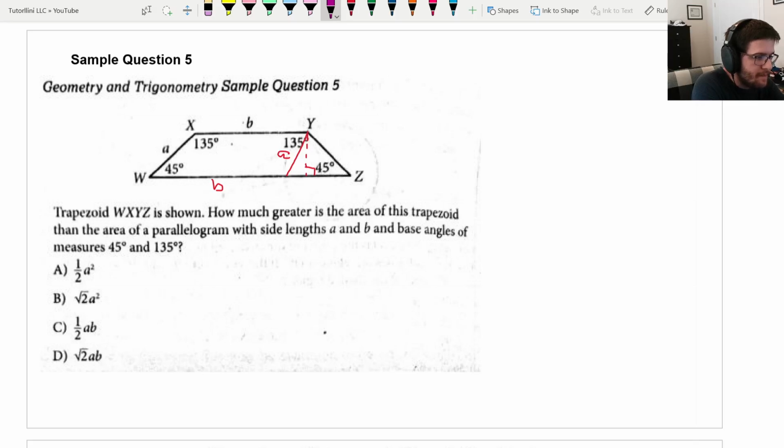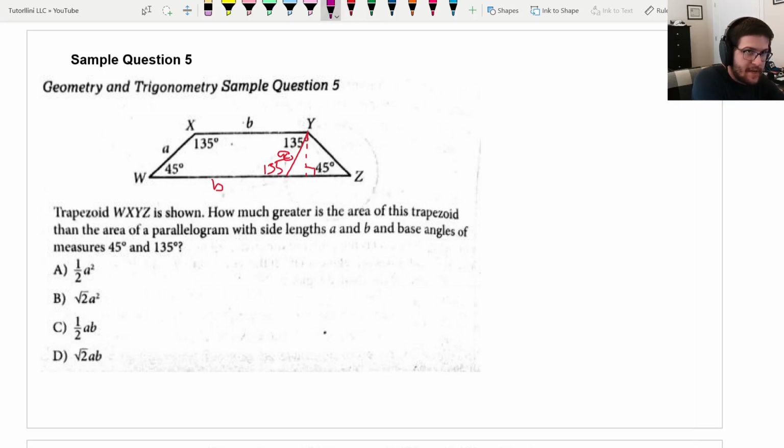Okay, so if this guy's a parallelogram, then this guy is 135.